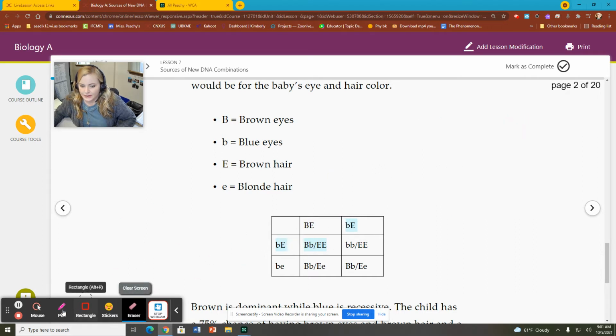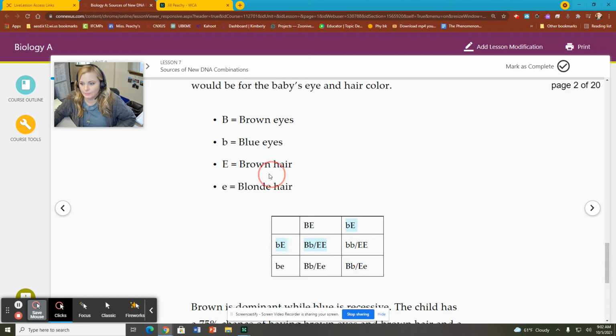What we see here is your potential offspring. To have a blue-eyed offspring is a 1 in 4 chance, right? If I want a brown-eyed offspring, there's a 3 out of 4 chance that your baby will be brown-eyed, because each one of these combinations is brown eyes.